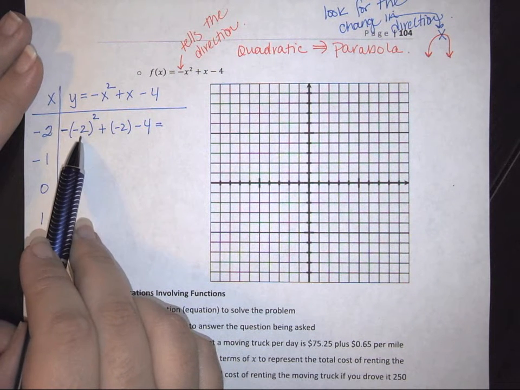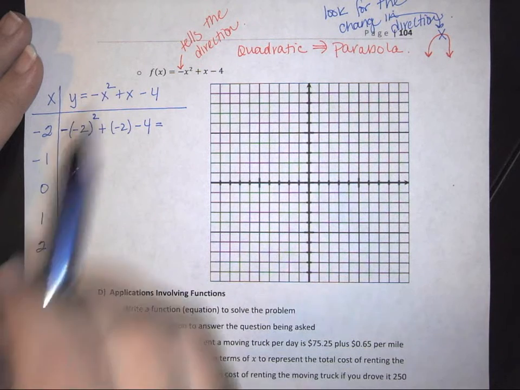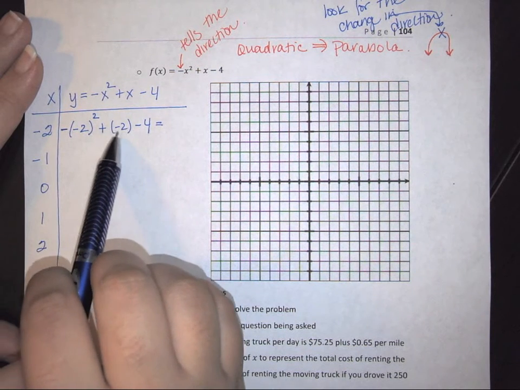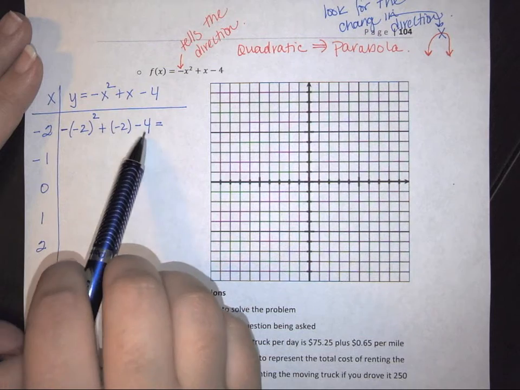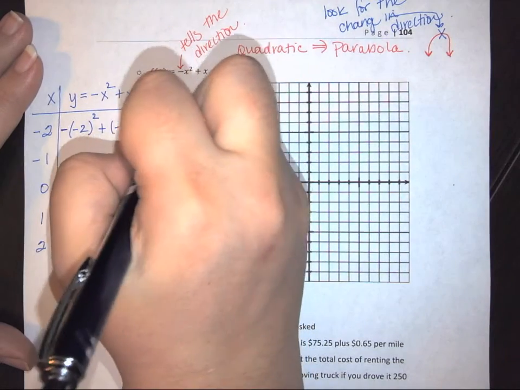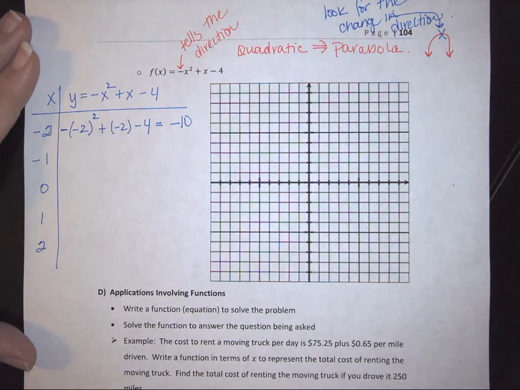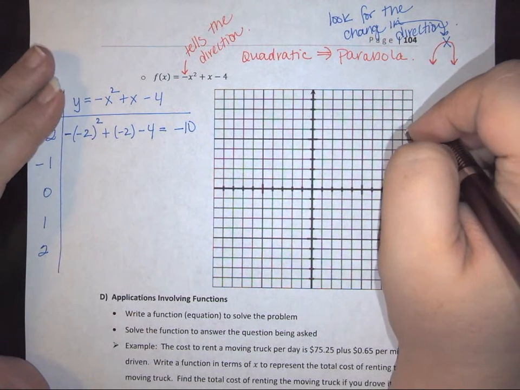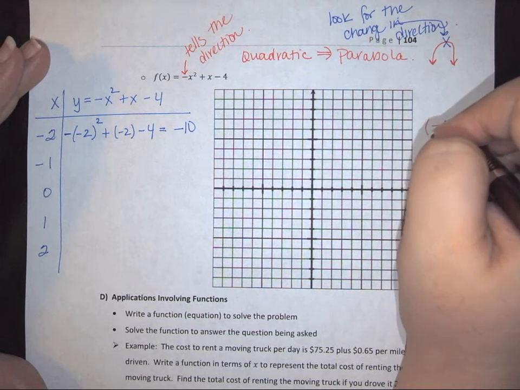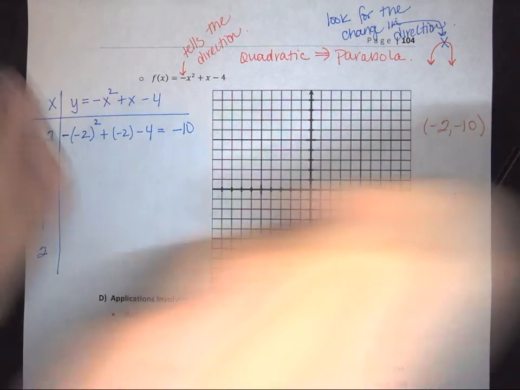Apply the negative is -4. Then -4 minus 2 minus 4 gives you a -10. And again, you could write your coordinate points. So we have the point -2, -10.